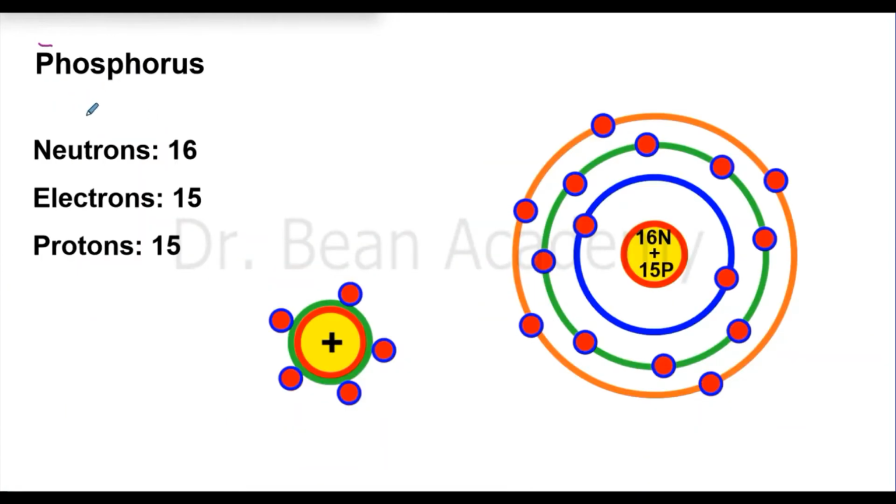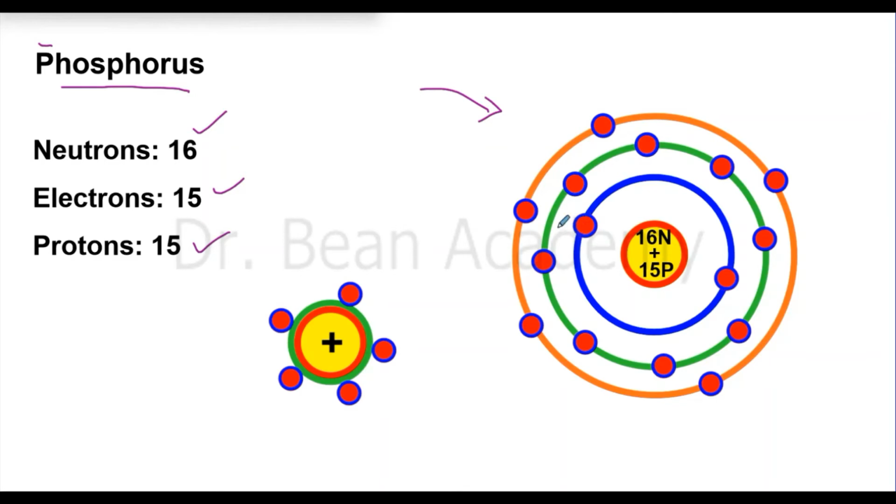Here is a material, phosphorus. It has 16 neutrons, 15 electrons, and of course 15 protons. So here is the atomic structure of phosphorus. 16 neutrons and 15 protons are in the nucleus. Then I put 2 electrons in the first orbit, then 8 electrons in the second orbit according to the rule.